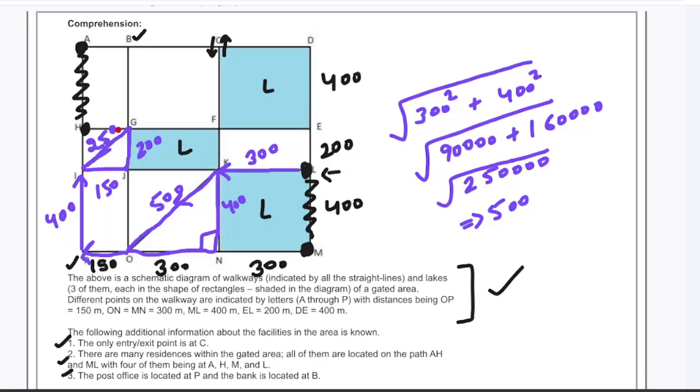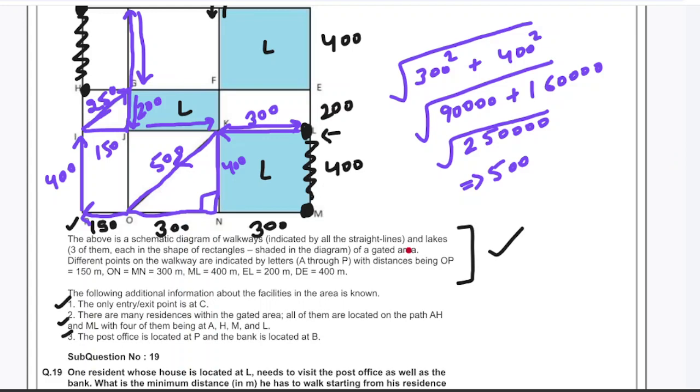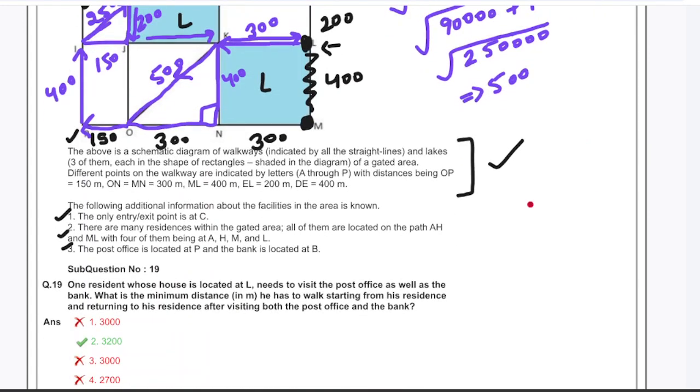Then again move diagonally, that is 1600. Then I'll move upward, visit the bank, 2000. Then I'll come back, 2400, 2600, 2900, and 3200. 3200 is the answer I'm going to get. So that is the answer we have here.